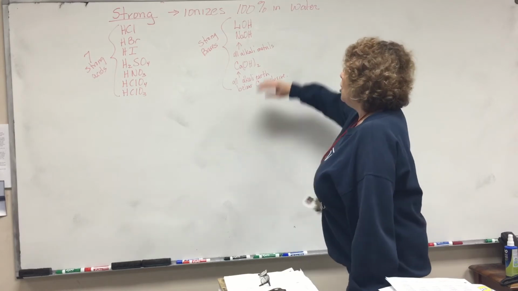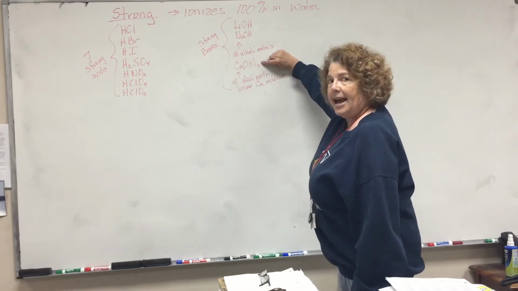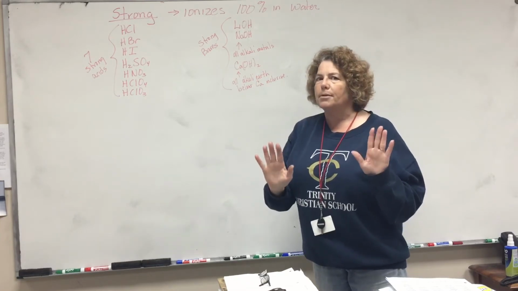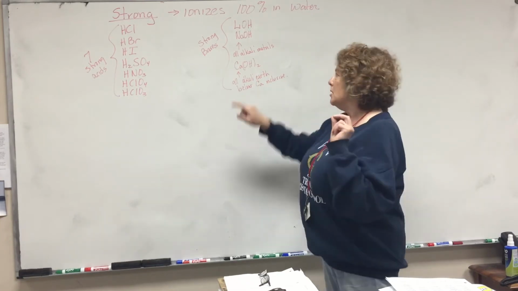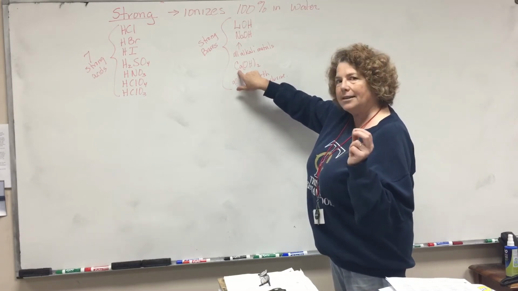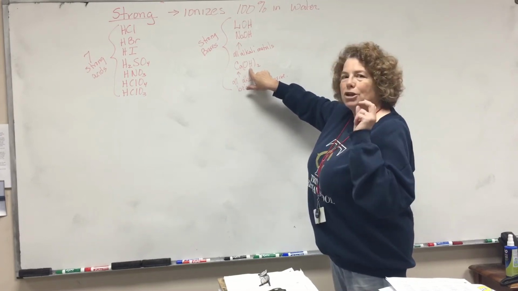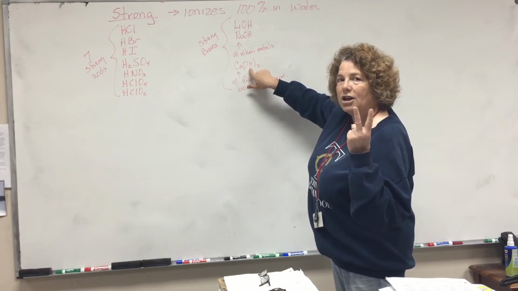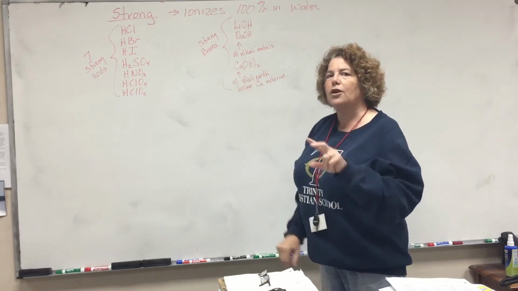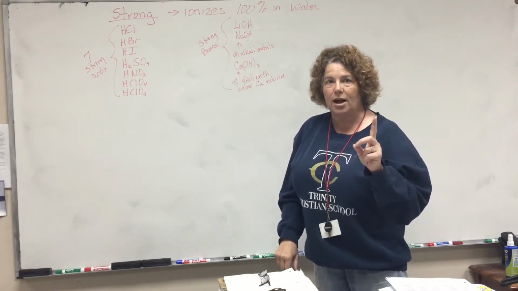Okay? So if I look at this now, and this splits up, this is very important to remember, 0.1 molar of calcium hydroxide has 0.1 of calcium, but it has 0.2 moles of OH. Because when this splits up, you get 2 moles of OH for every 1 mole of calcium hydroxide.